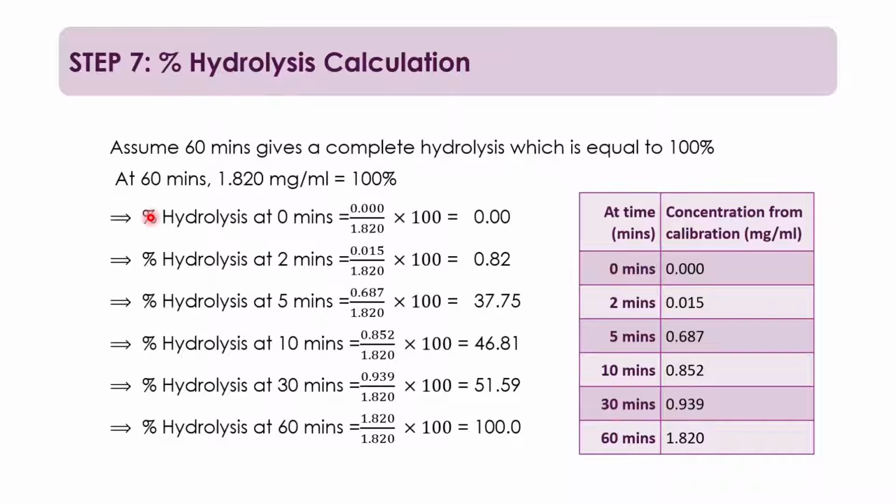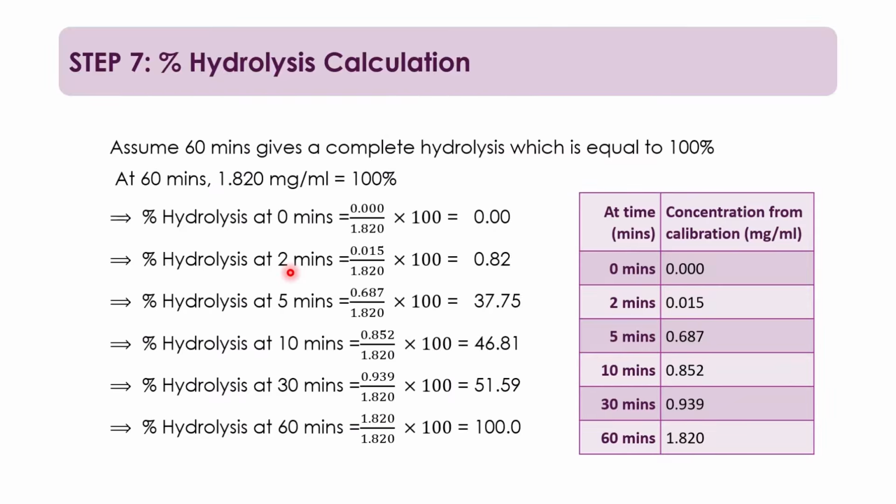So to calculate the percentage hydrolysis at 0 minutes, we take the glucose concentration at this time divided by the glucose concentration at 60 minutes times 100. As you can see, we have 0.00 divided by 1.820 times 100, giving us 0.00.